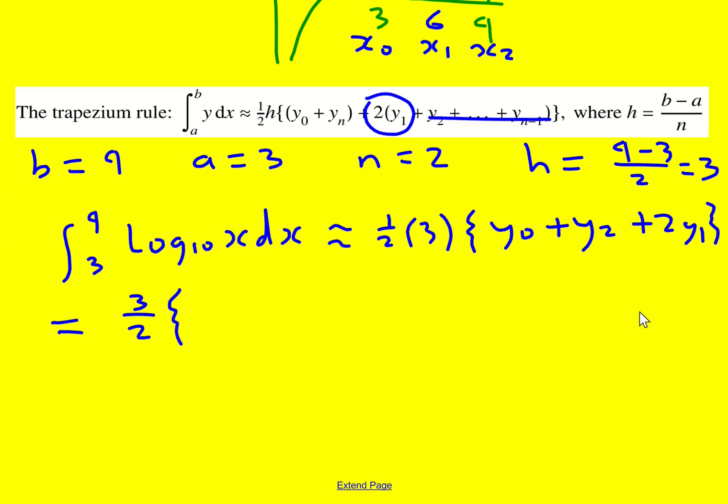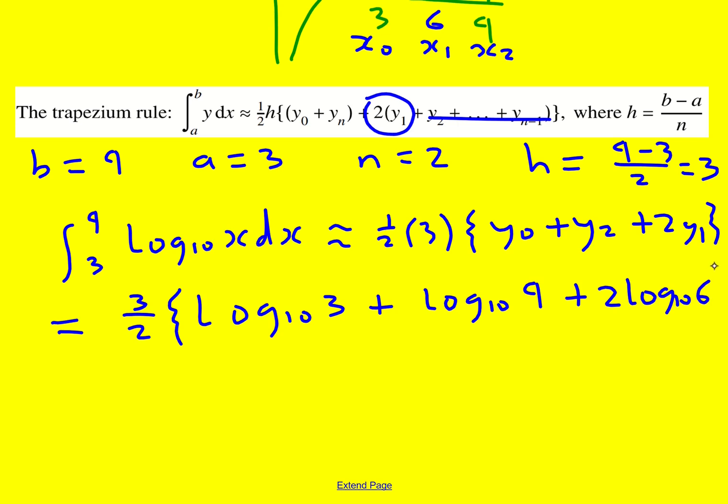It's going to become log to base 10 of 3. And then I'm going to add, when I put x2 in, log to base 10 of 9, and then it's going to be 2 lots of log to base 10 of 6.